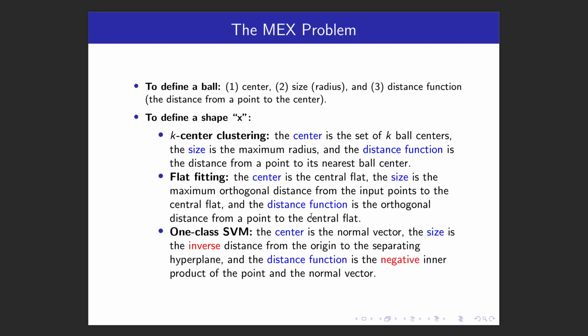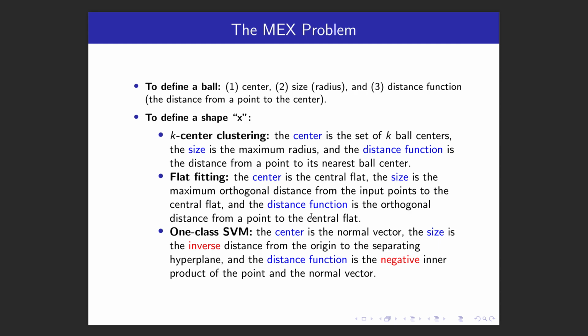And for one-class SVM, it's a little bit complicated. The center is the normal vector of the decision hyperplane, right? Because once the normal vector is fixed, the hyperplane is also fixed. And the size is the inverse distance from the origin to the separating hyperplane. Here, as I just mentioned, SVM is a maximization problem. We want to maximize the distance from the origin to the separating hyperplane.